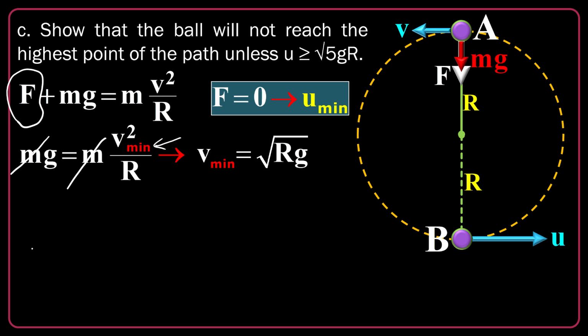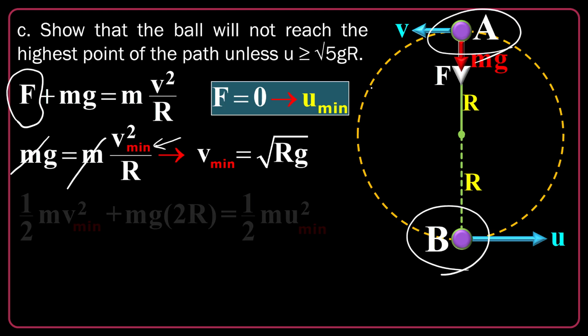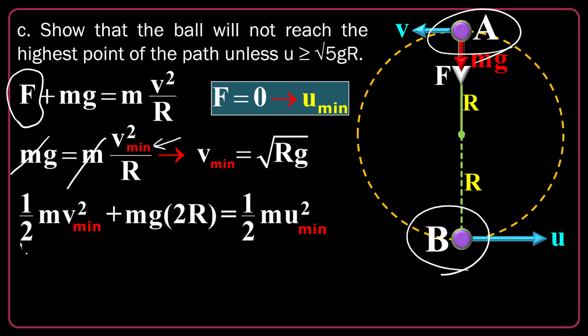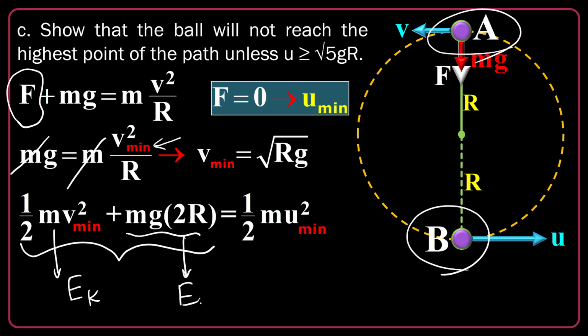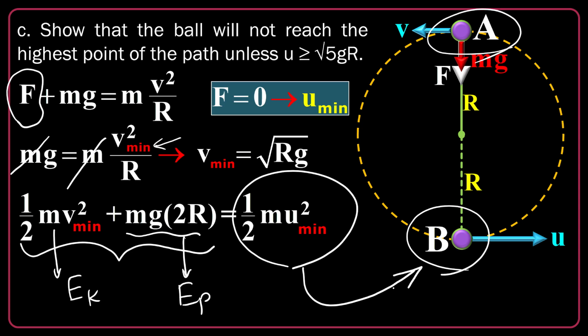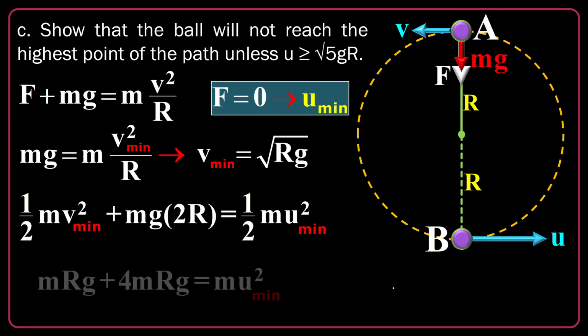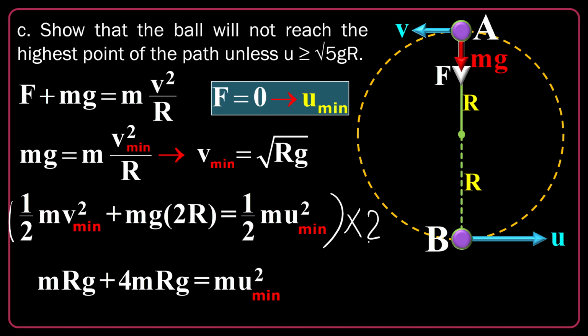Now, again, we can impose the condition of conservation of mechanical energy. This is the mechanical energy at the top point, kinetic energy plus potential energy, EP, at the point A. And here we have mechanical energy, which is the kinetic energy at the point B. Same as the previous one. And then we can write it like that. We have already multiplied both sides by 2.